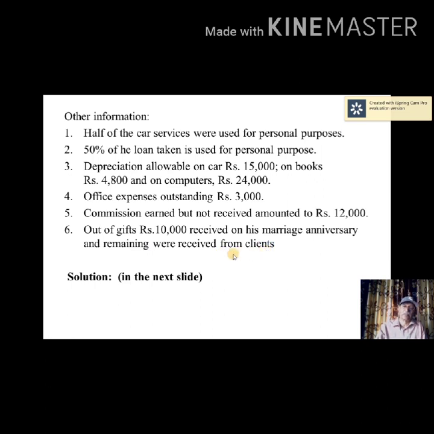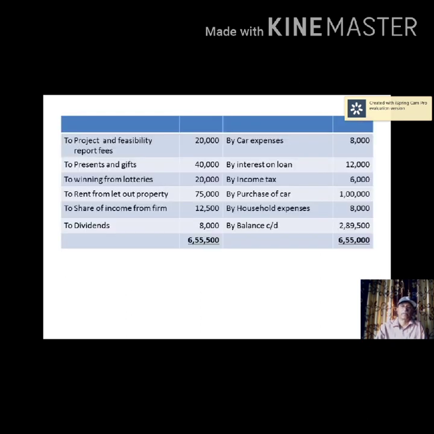So, only those gifts which have been received from the clients can be taken as professional income, and the rest 10,000 that is received from people who attend the marriage anniversary cannot be taken. So these are about the receipts.